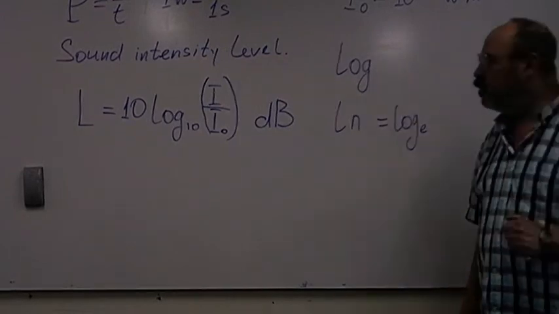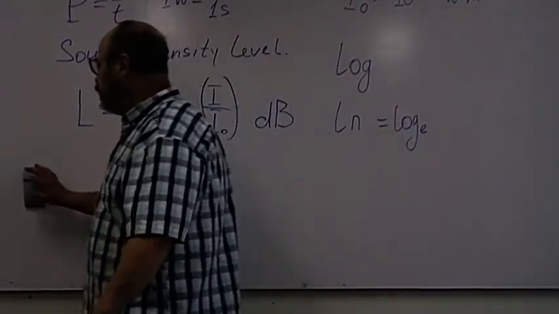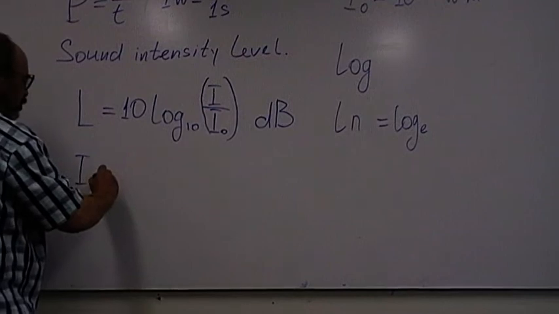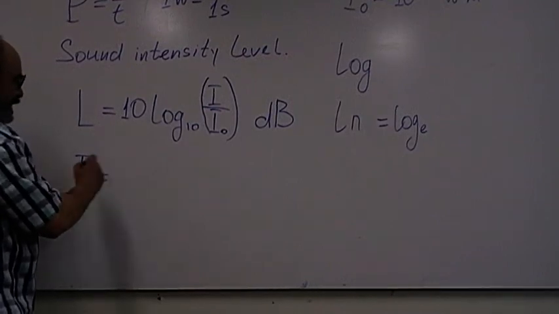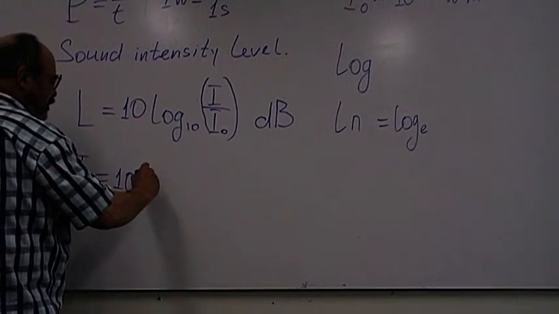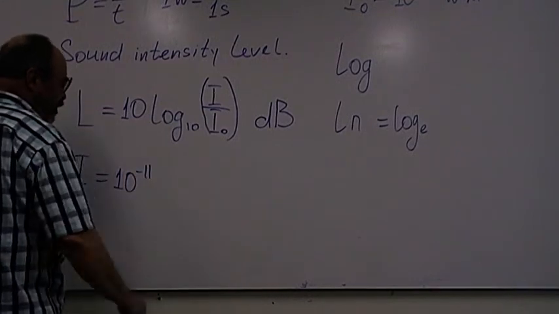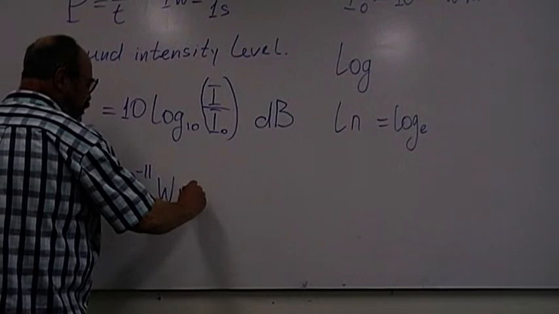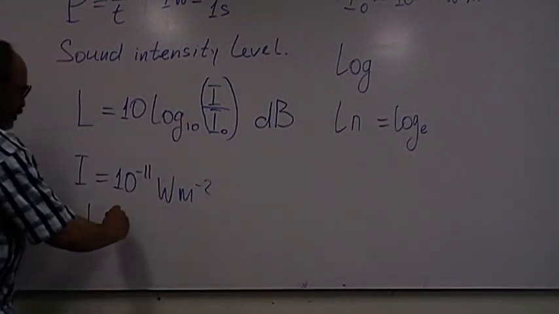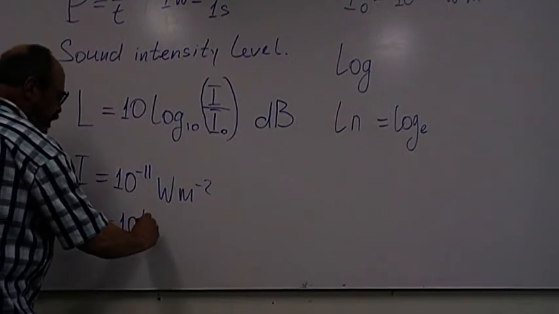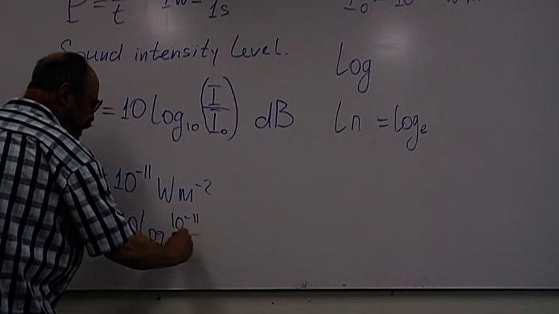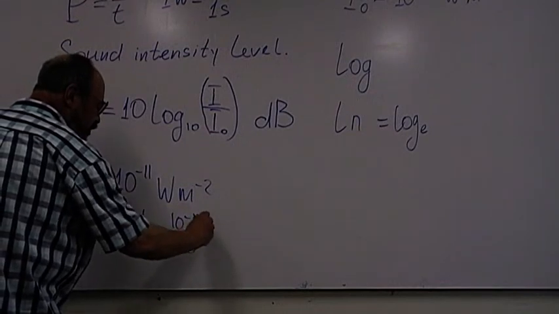So let's calculate the sound intensity level for a sound with the sound intensity 10 to the negative 11 watts per meter squared. Let's substitute it in this formula. We have L equals 10 log 10 of 10 to the negative 11 divided by 10 to the negative 12.